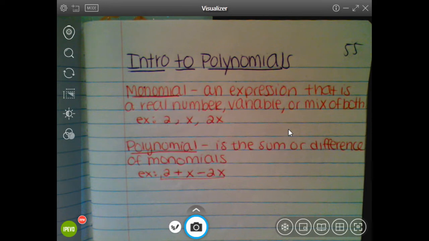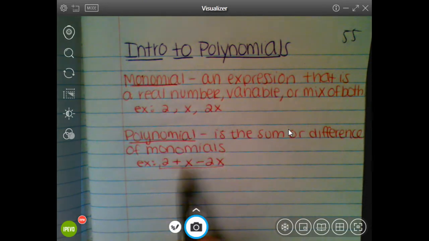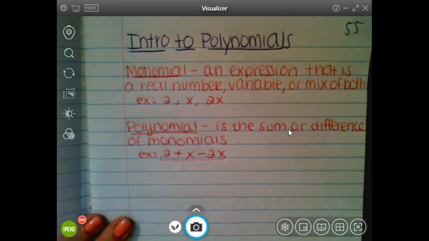Now, when you are looking at polynomials, there's going to be a couple things that they ask you to do. The first is that you write it in standard form. When I wrote this one right here, it's not simplified, but it's also not in standard form because that was just an example.